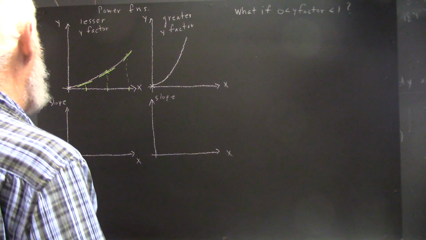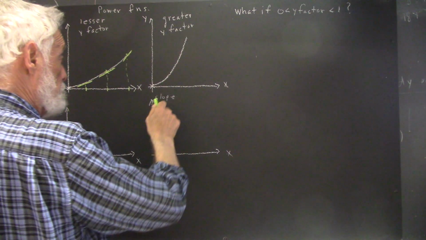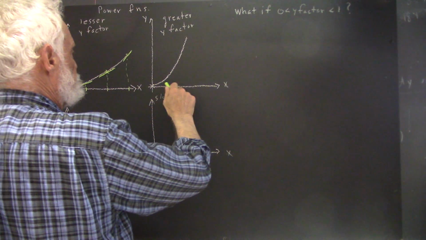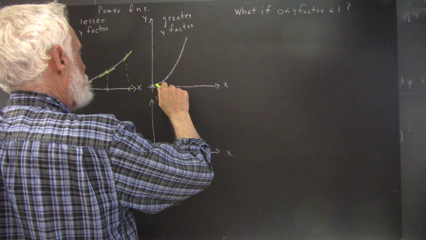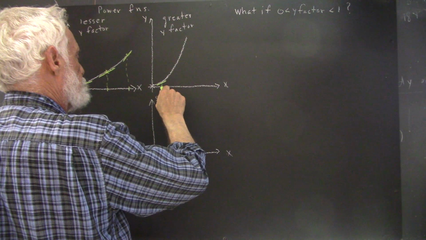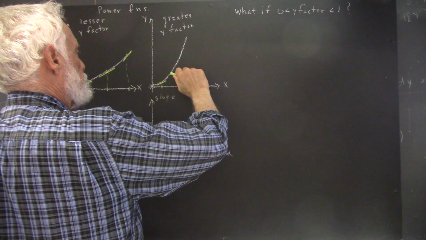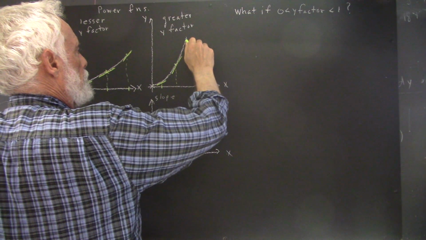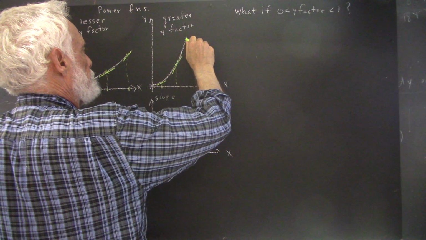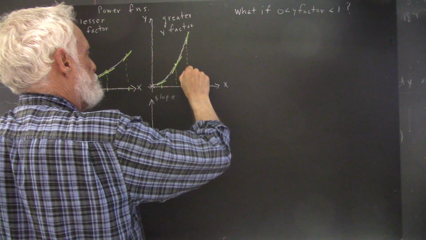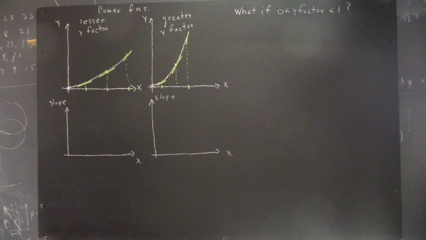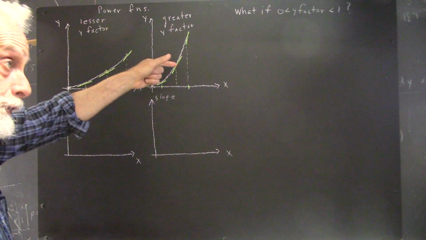And over here, the x coordinates for the points of tangency, well, this graph doesn't extend as far as this one, but I'm going to do a point of tangency right about here at this x coordinate, and a point of tangency, let's say about here, and another point of tangency about here. Okay, what happens to the slopes? Well, in the first place, these slopes are less than these slopes.